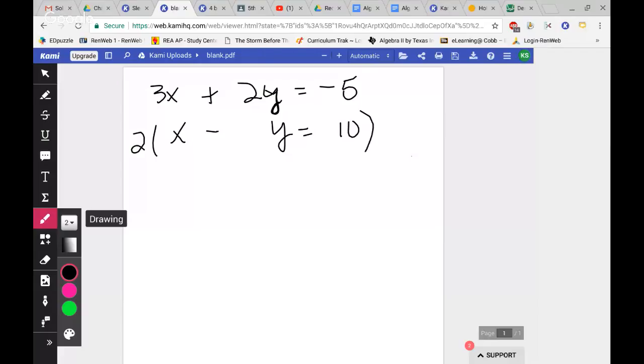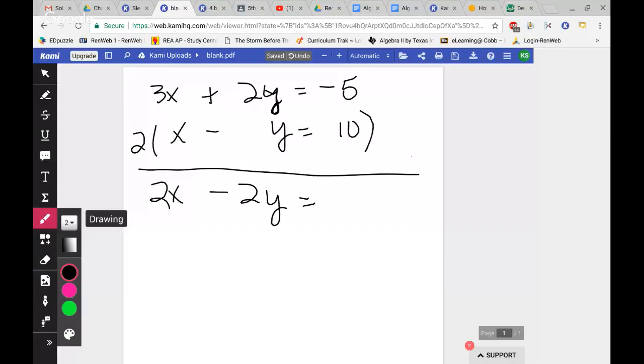Because if I multiply this whole thing by 2, I've got 2 times x, and then 2 times a negative y is going to give me a minus 2y, and then 2 times 10 is 20.